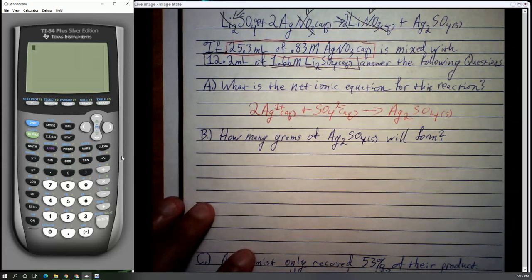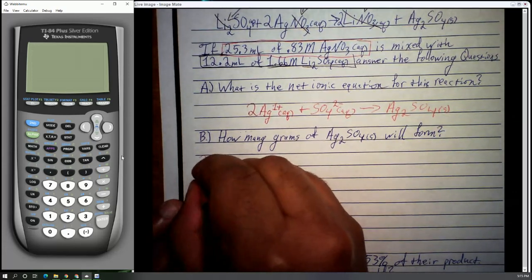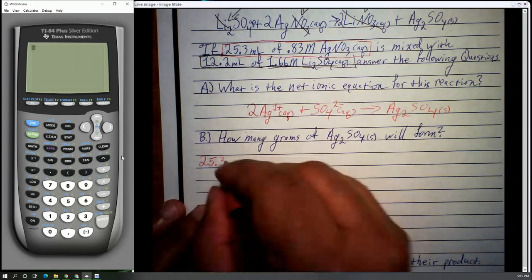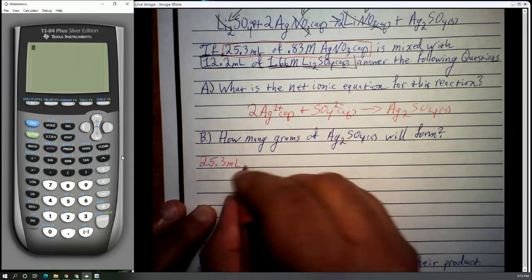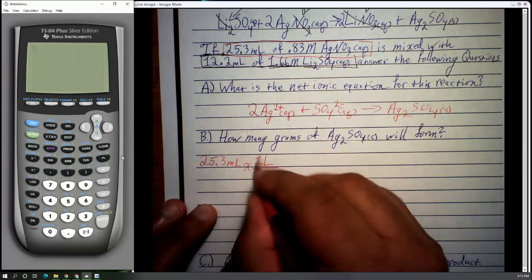information. So similar to one of the other problems, we're going to have to go from volume to moles. So, oops, wrote that upside down.